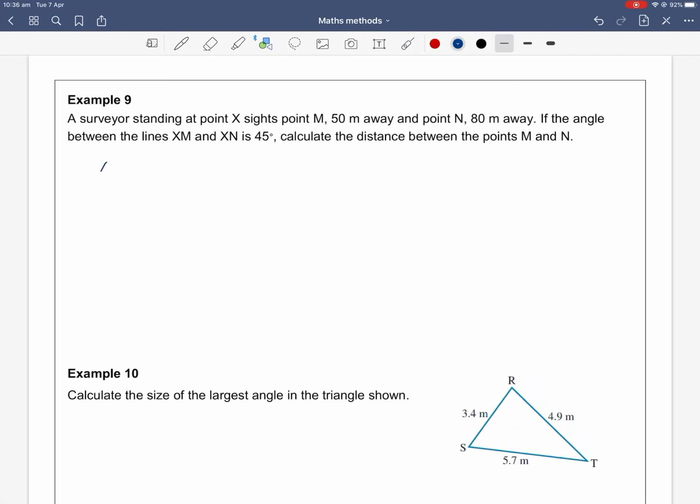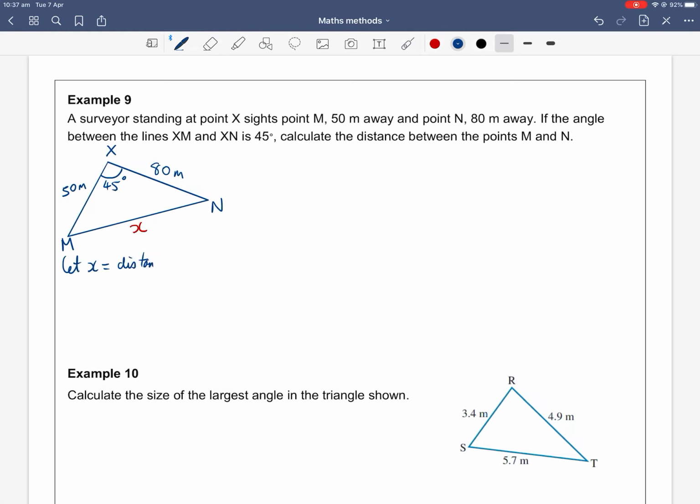So let's draw a triangle using a ruler so we can get straight edges. Let's draw a diagram to represent our information. So we have point X, we have point M, and then we have point N. M is 50 meters away from X, and N is 80 meters away from X. The angle between the lines XM and XN is 45 degrees, and we are trying to work out the distance between M and N, and we're going to call that x.